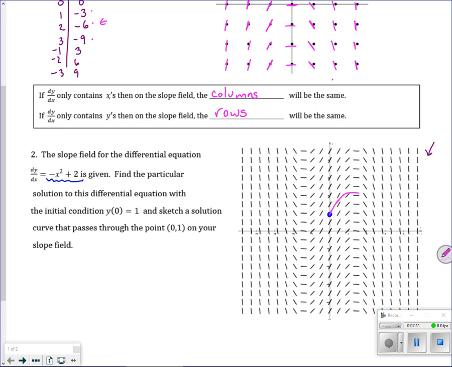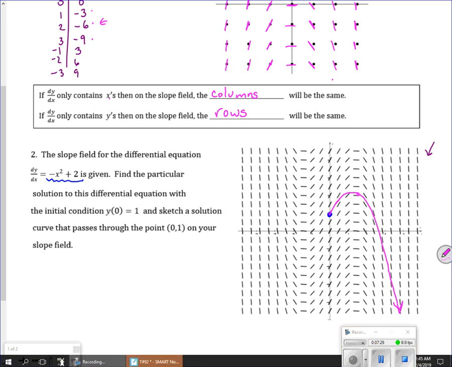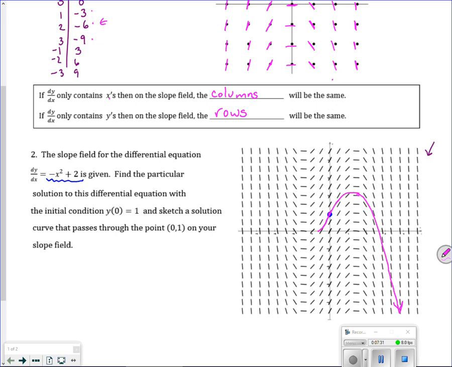So it gets flat there, and then I get steep, steep, and steep. You need to go to the edge of your slope field, and then this way I'd come here, and then my function gets flat because I have a minimum, and then I get steep, steep, steep going this way.